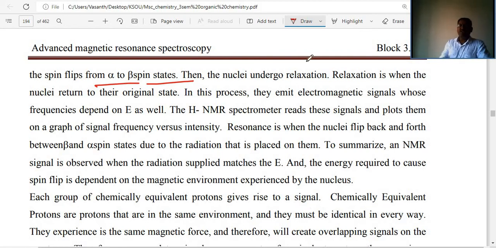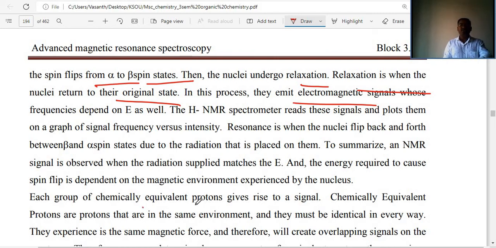Then the nuclei undergo relaxation. Relaxation is when nuclei return to their original state. In this process, they emit electromagnetic signals whose frequencies depend on the energy difference.